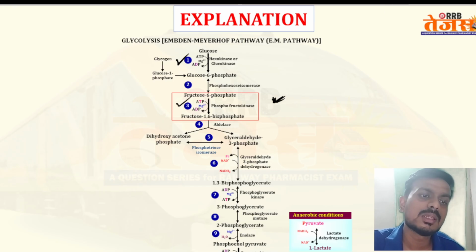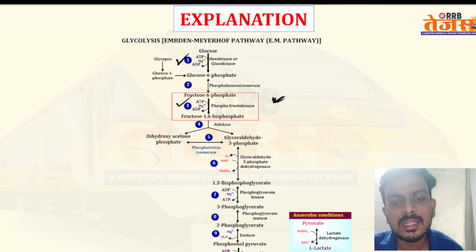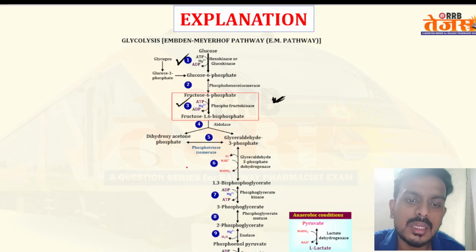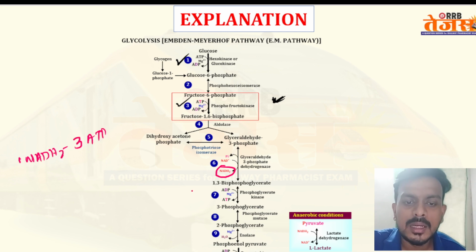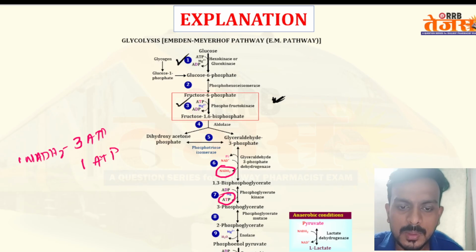If the question asked in which step ATP is produced: here in step 6, NAD is converted to NADH, and 1 NADH2 is equal to 3 ATP. Here 1 ATP, here 1 ATP. So 3 plus 1, that makes 4 ATP.